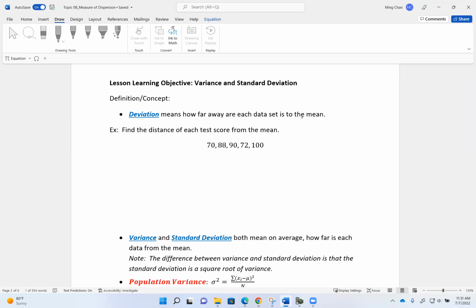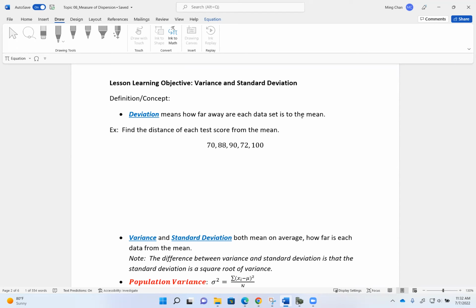Again, let's go back to when we talked about central tendency, what lies in the middle. Right now, this is about the spread of the entire data. But eventually, everything boils back down to what lies in the middle. What is the mean of your entire data?